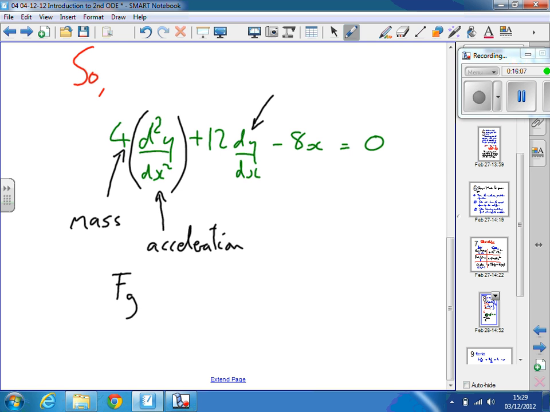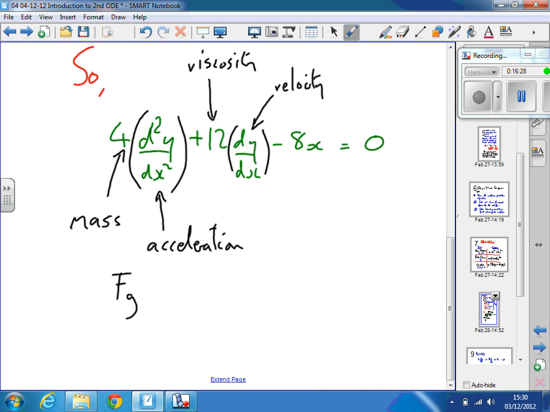This is a velocity, dx by dt, or dy by dx in this particular example. So this is often a velocity, this bit. So that's going to be our eta, our viscosity.